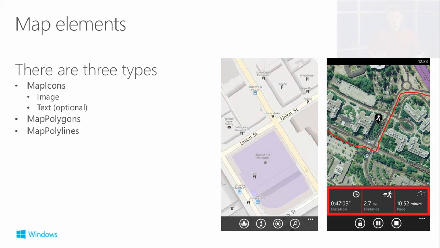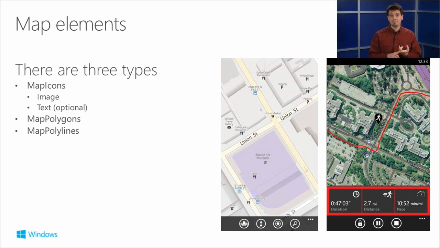So the three types that we have here are map icons, which contain an image and maybe some text to go along with that image, the map polygons, and map polylines. The map polygons are like the building that you see, the Seattle Art Museum, in that first image. And then the polylines are something like the route that you see in the far right image on the screen.